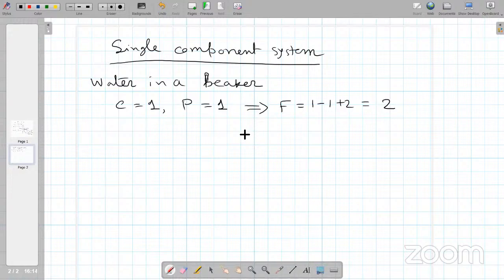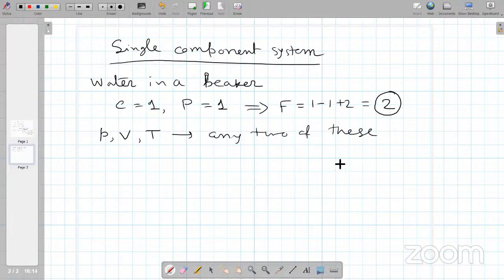And please remember, the description does not change if we take a gas assembly. Now these two independent parameters could be any two of pressure, volume, and temperature.